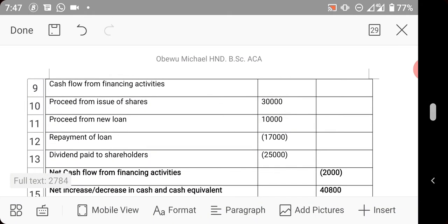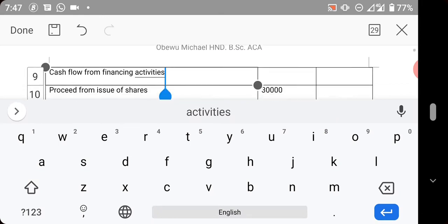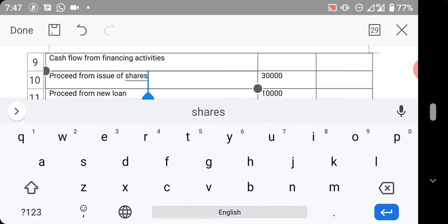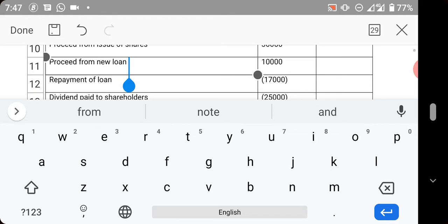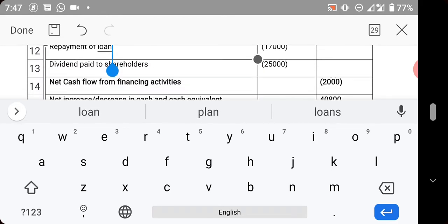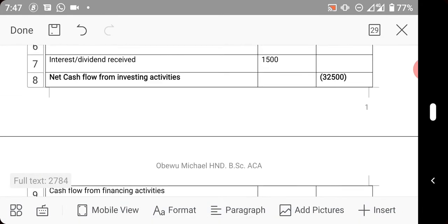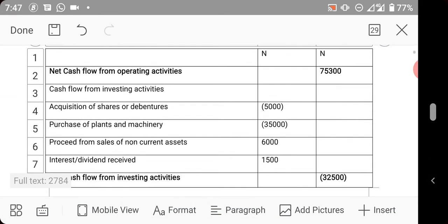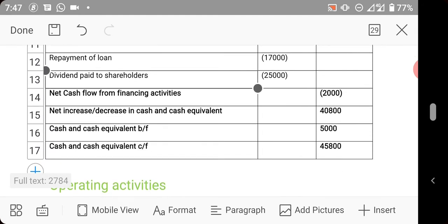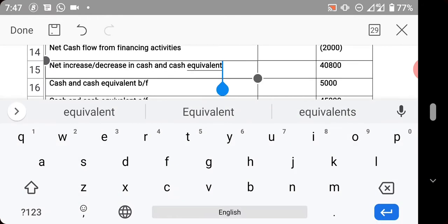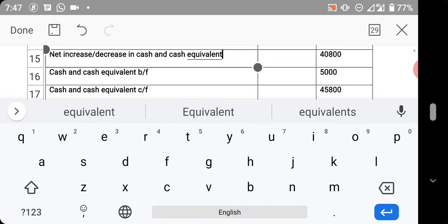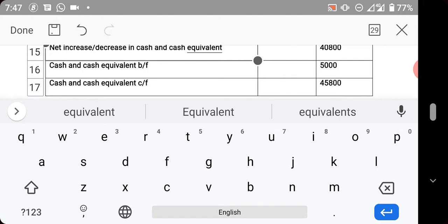Cash flow from financing activities includes, but is not limited to, proceeds from issue of shares, proceeds from new loan, repayments of loan, and dividend paid to shareholders. When you add the totals of the three activities, it will give you what we call net increase or decrease in cash and cash equivalents. Then the cash and cash equivalent brought forward will be added. You now have your cash and cash equivalent carried forward.